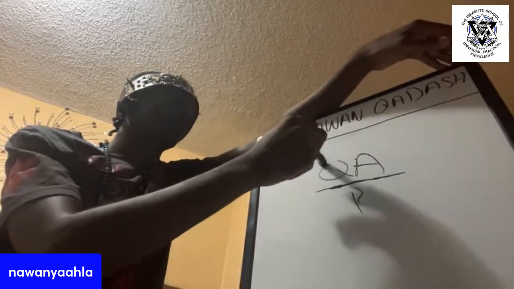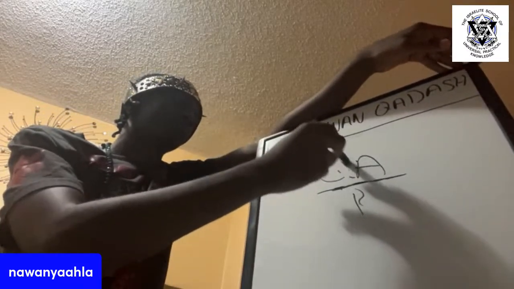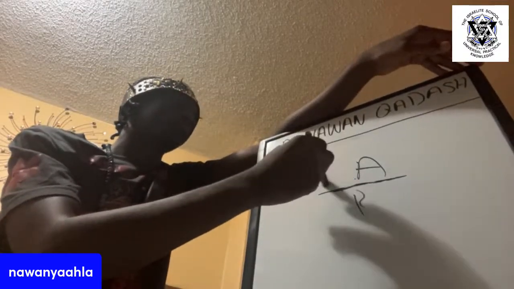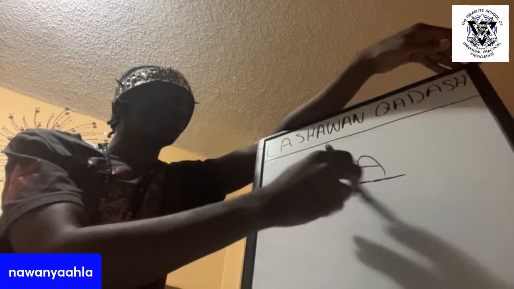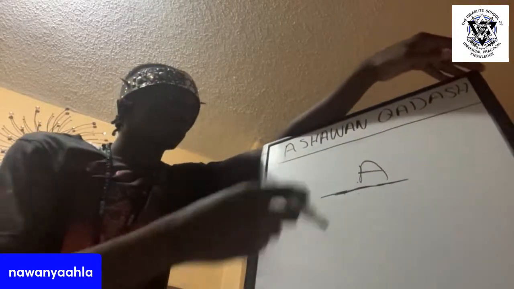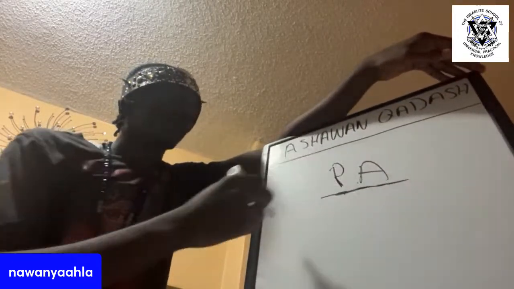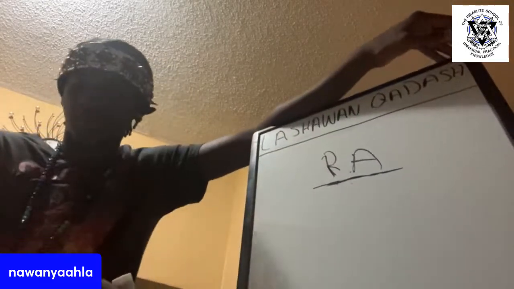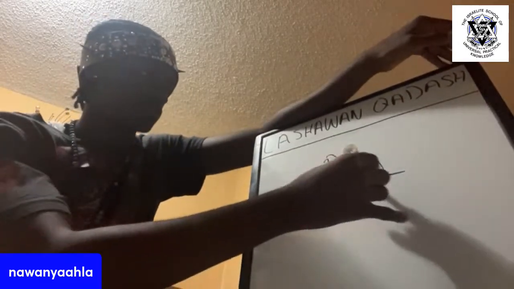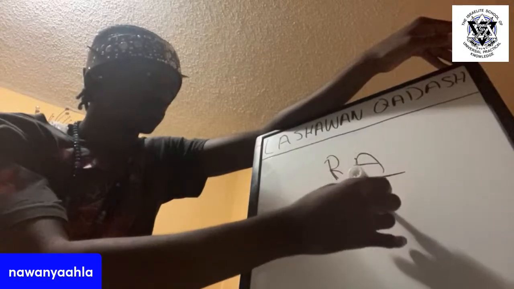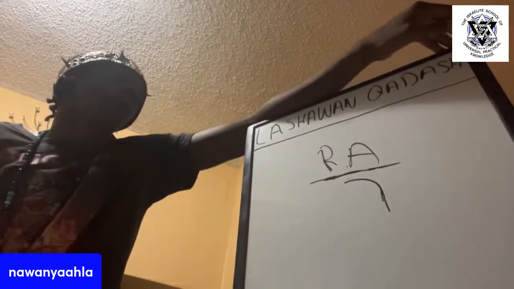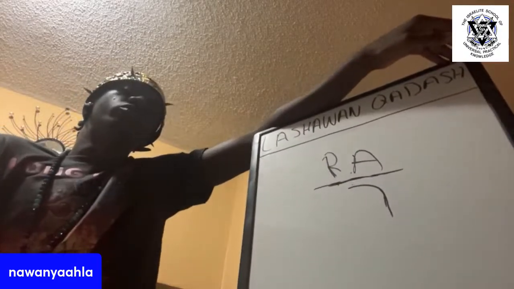Next up, we got the Ra. That's the Ra in the Assyrian Hebrew.